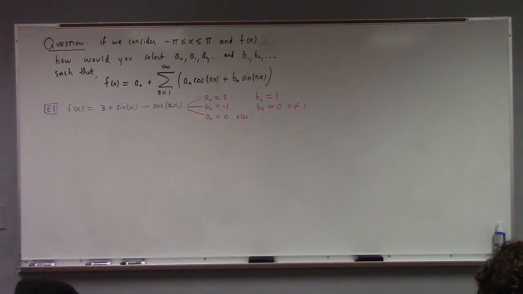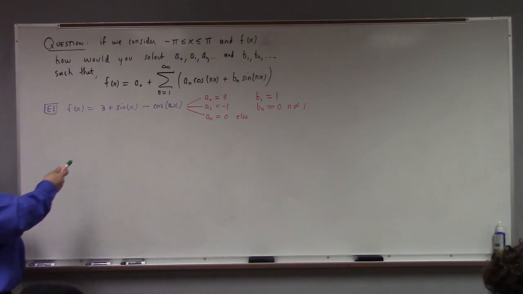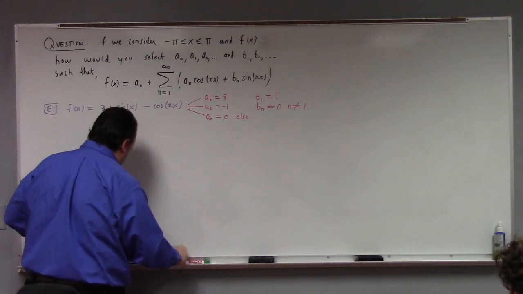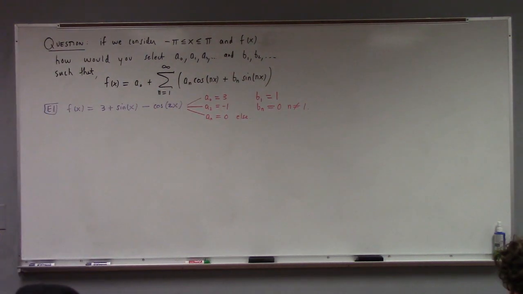So, stupid case, if my function is literally just a sum of sines and cosines, game over, we can just read it off, right? But what if your function's not just a sum of sines and cosines? How would you go about finding these coefficients, these a sub n's and b sub n's? So let me point out something to you.